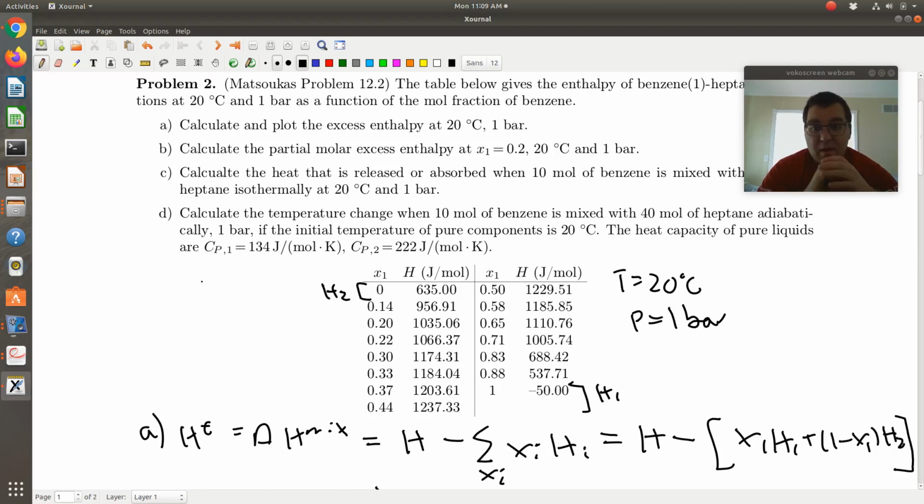Now in B, it says calculate the partial molar excess enthalpy at x1 equal to 0.2, 20 degrees C and 1 bar. I suppose we could tackle this in a couple of ways.